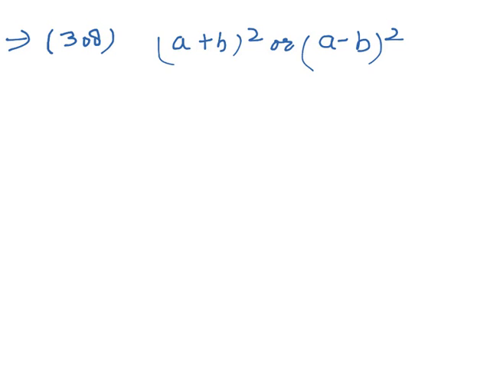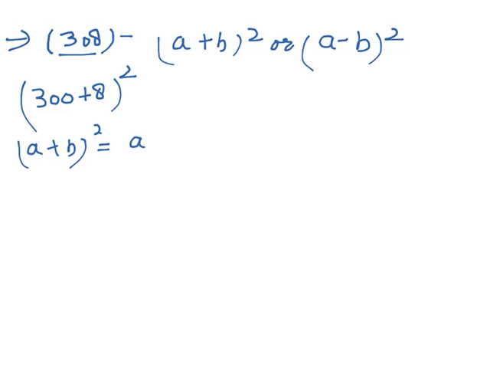Means we have to split 308 such that one term is in tens or hundreds. Like we can split 308 as 300 plus 8. So we can use the formula (a plus b) whole square. It means what it will give we already know. (a plus b) whole square is equal to a square plus b square plus 2ab.